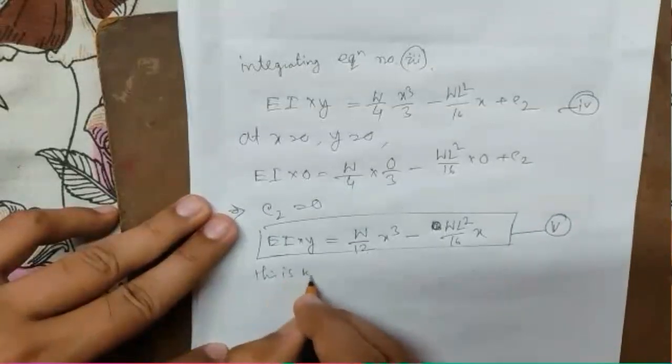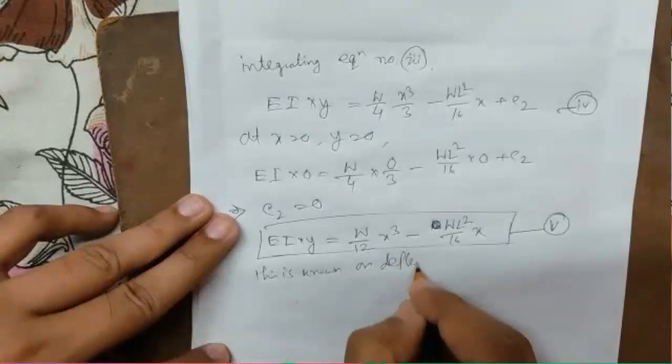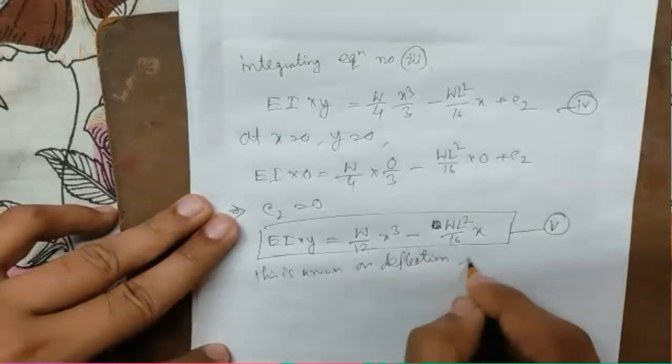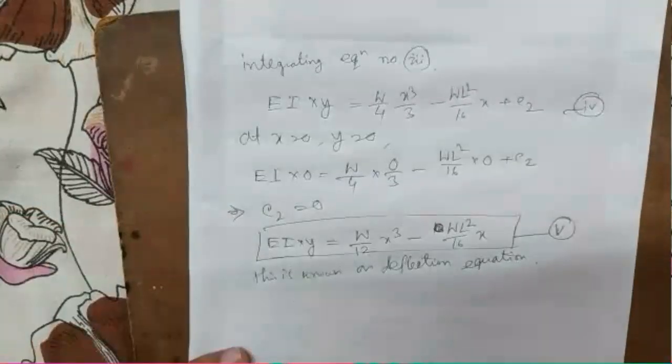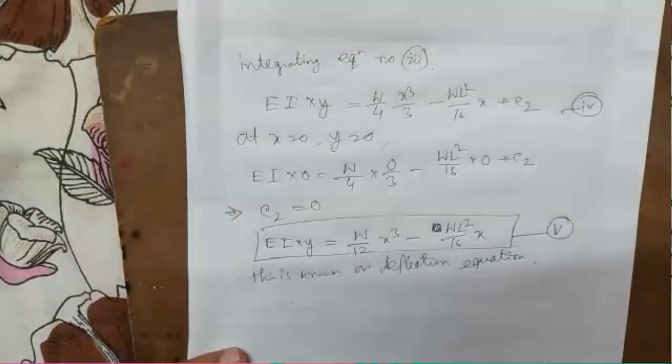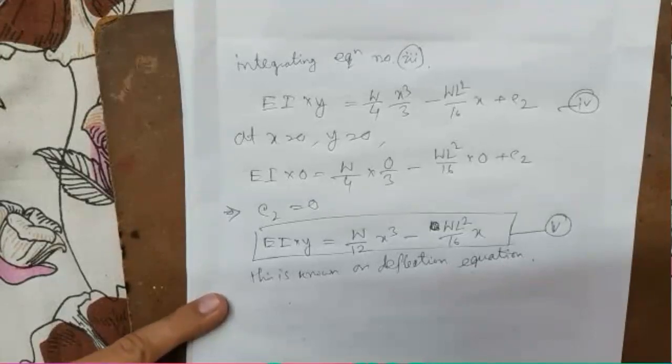This is known as the deflection equation. Upon putting the value of x, we can get the deflection y at that particular x value. When we are trying to find the maximum deflection at the center, we just put x equal to L by 2.